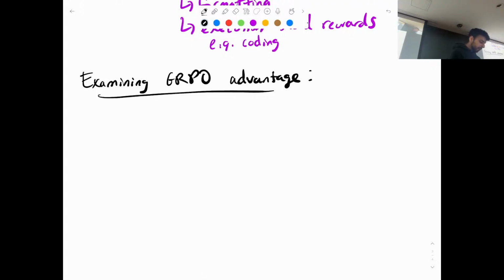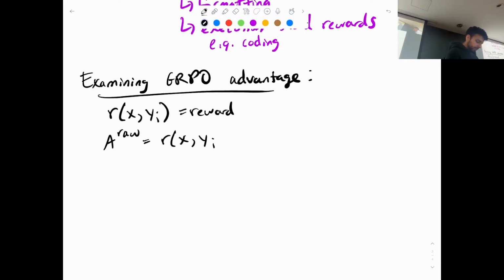Okay, so first, I want to just introduce a couple of different quantities that we can track. Obviously we have our reward. And then we can create a raw advantage, which has no baseline.